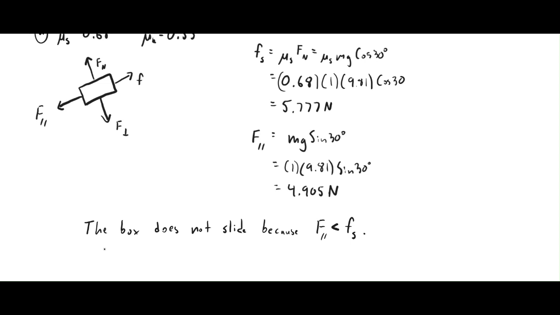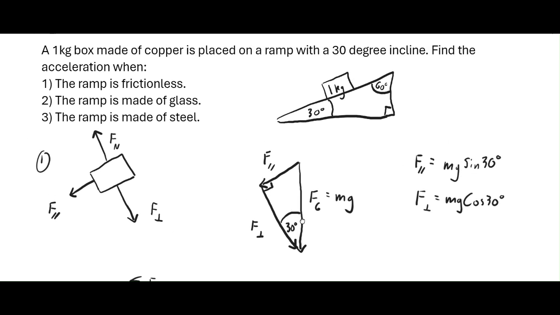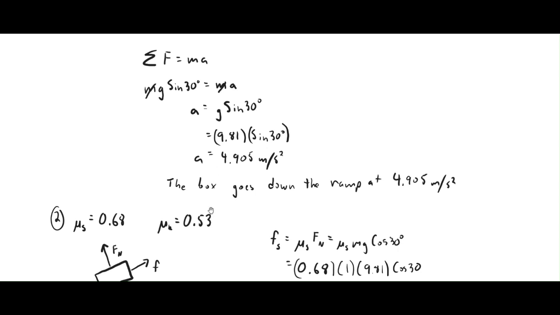Okay, so third situation, we have a different material. This time, rather than having the box sit on a glass ramp, put it on a steel ramp, and even though the box is still copper, those two coefficients change. So let's see what the situation is this time.